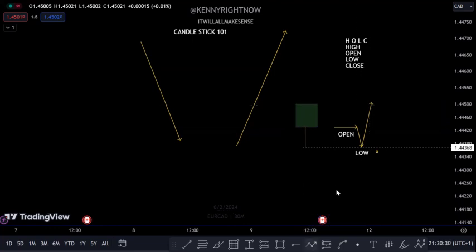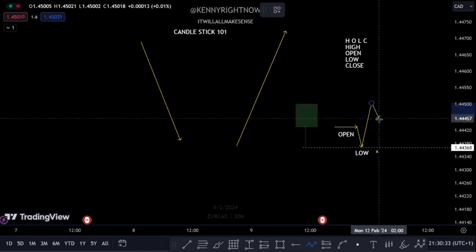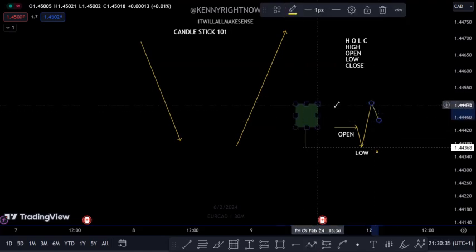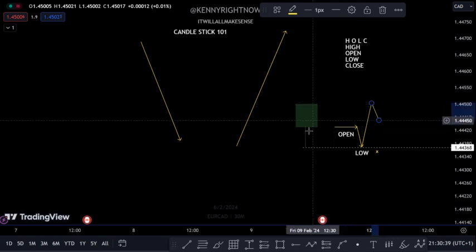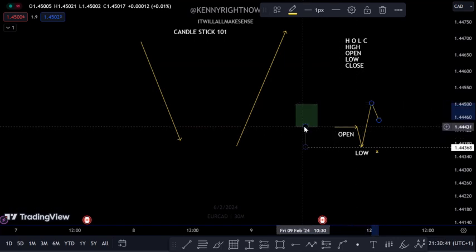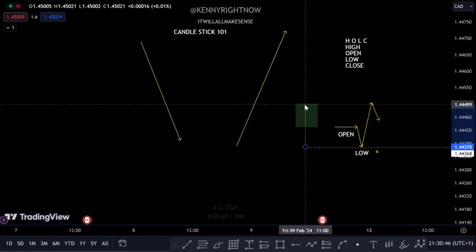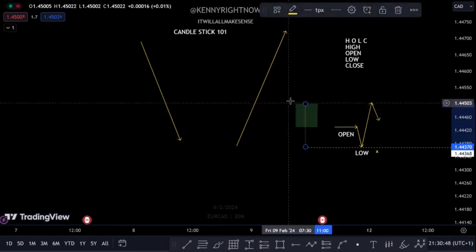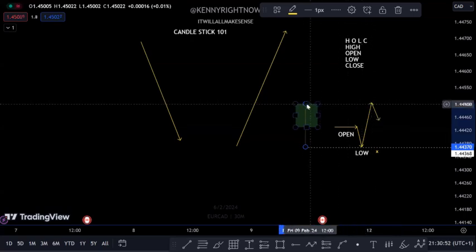Now, let's take, for example, that from that area, price starts selling back down towards this area. Now, this is the highest price has gotten to. So if we are going to be selling back down, we are going to have this area as our high. Why is it going to be our high? Because this is the last point the market got to.